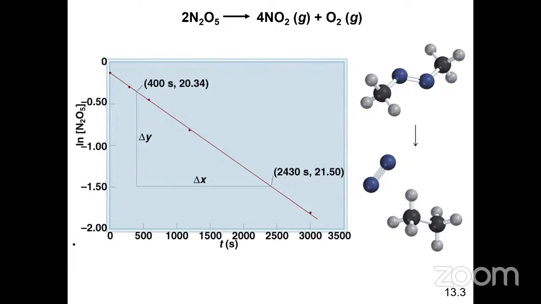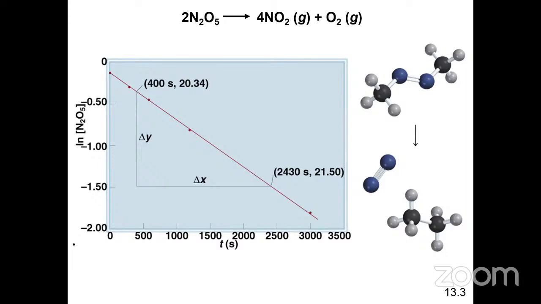You can see it's a straight line where you plot the natural log of N2O5 versus time, and based on the slope, you can find out what the rate constant is. We all know how to determine the slope, the rise over run.